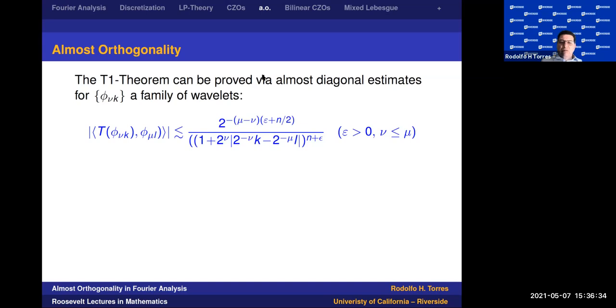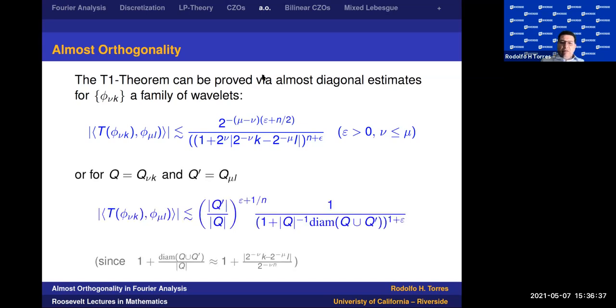Well, look at these two expressions, and I think it's easier to look at this case where a function phi nu k lives in a cube Q and the function phi mu L lives in a cube Q mu L. These are two different dyadic cubes. Now, look at this expression that is easier to understand; they are equivalent, trust me. So what this says is, when can this be very small?